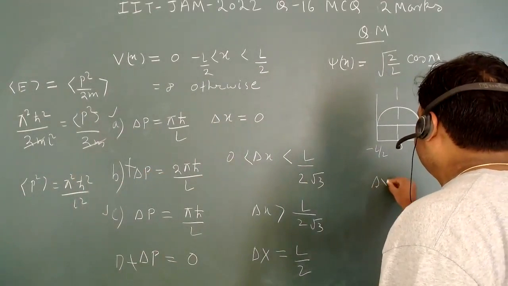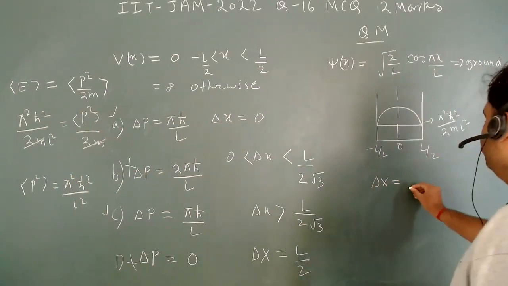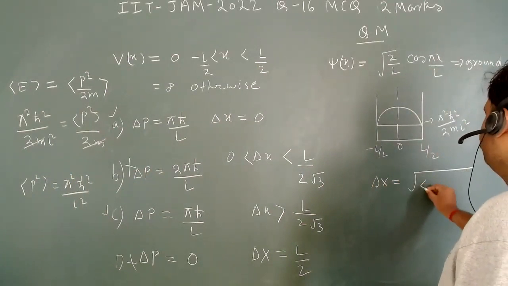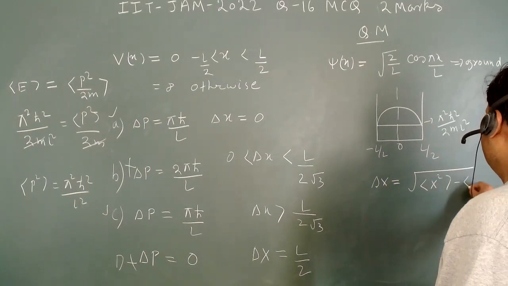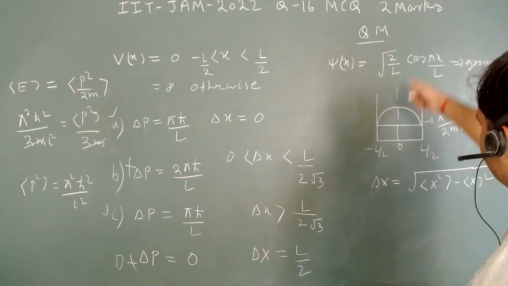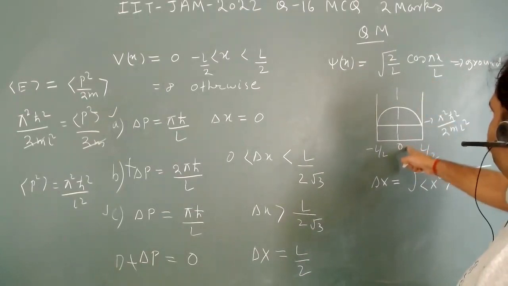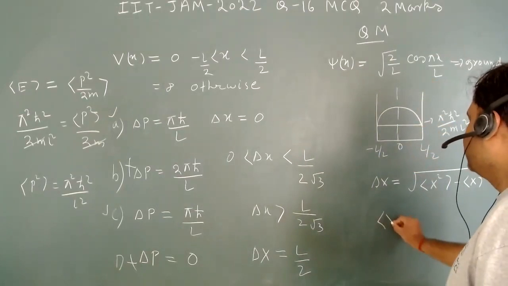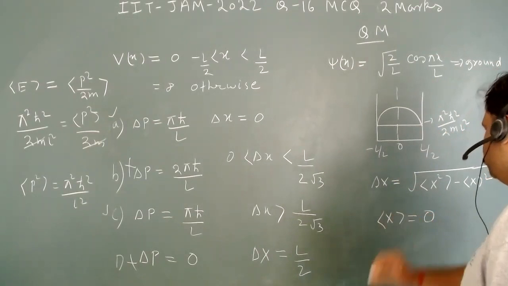Delta x is equal to the root of expectation value of x square minus expectation value of x whole square. And we can see this is symmetric about x equal to 0 for the ground state, so we can easily write that the expectation value of x is equal to 0.